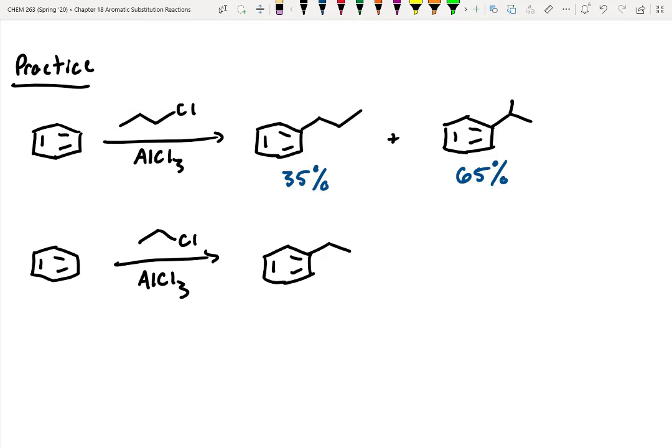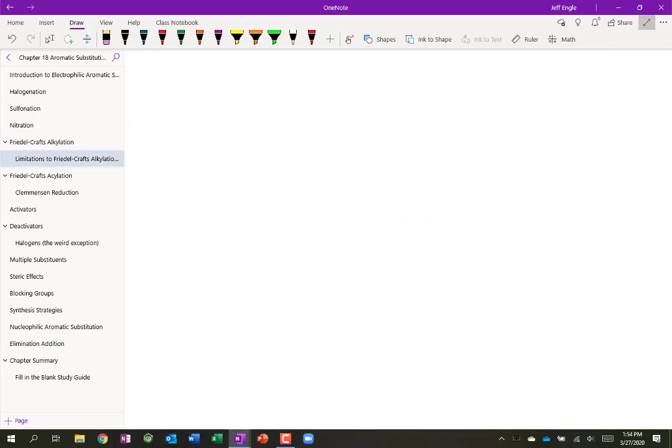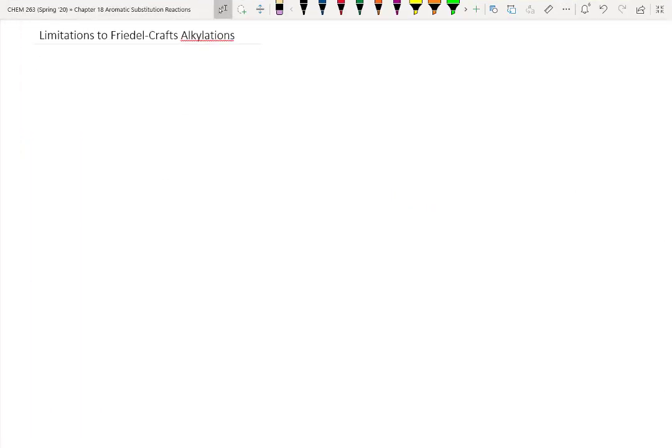All right. So now what I want to do is quickly look at some of the problems with Friedel-Crafts alkylation, because there are a few things that we need to be aware of. All right, so let's make a list of some of the limitations for these. So number one, we already covered, and that is that alkyl halides can rearrange.